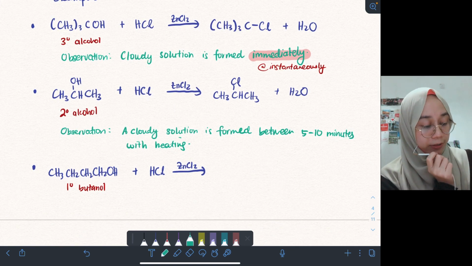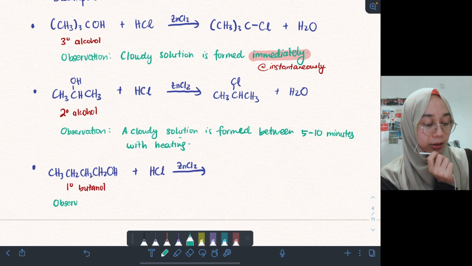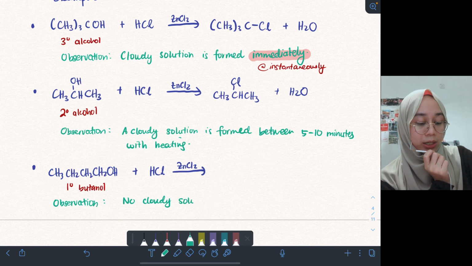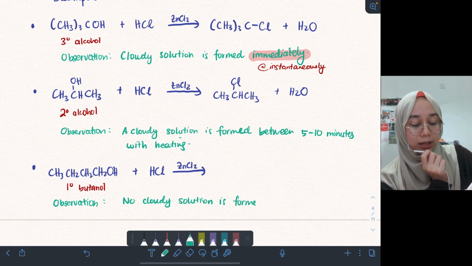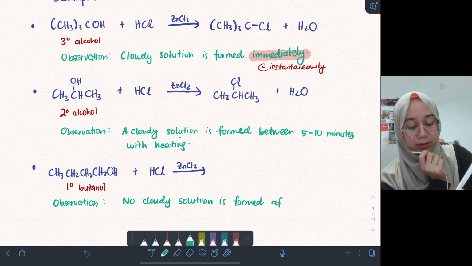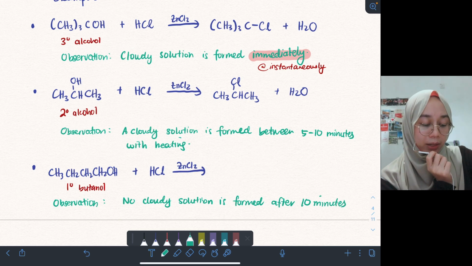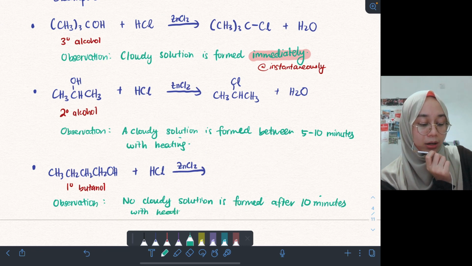Okay, so observation untuk yang ni, no cloudy solution is formed after 10 minutes with heating. So even with heat, and then after 10 minutes, masih lagi tak dah berubah.